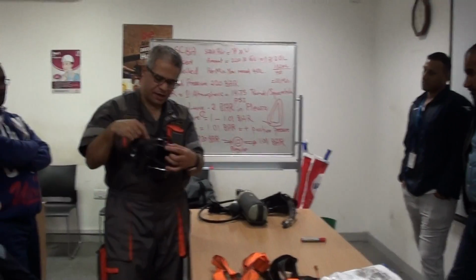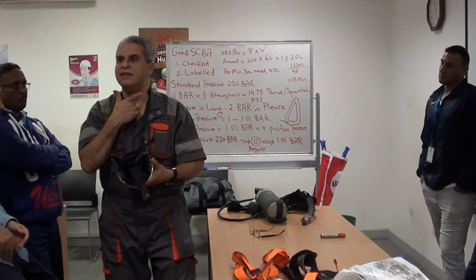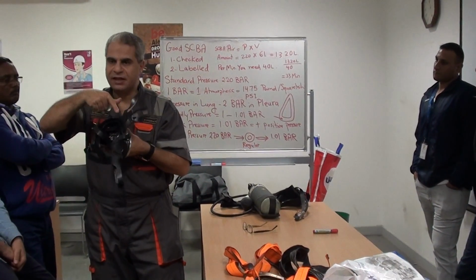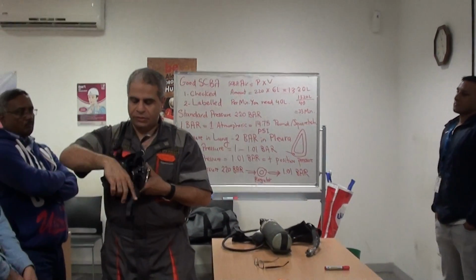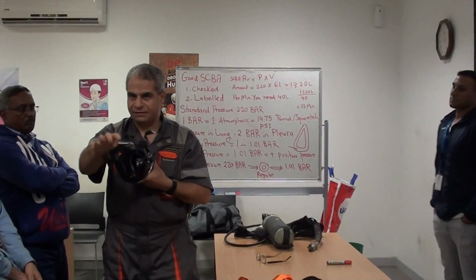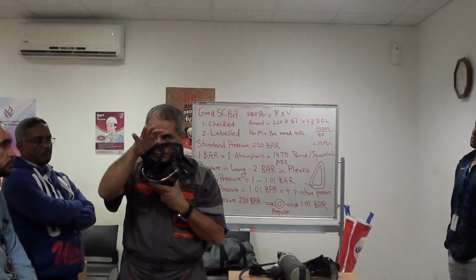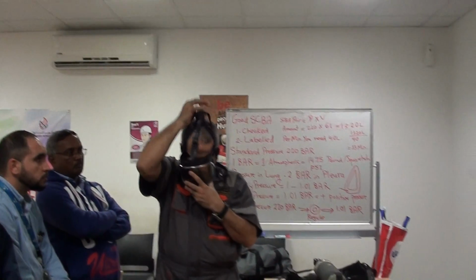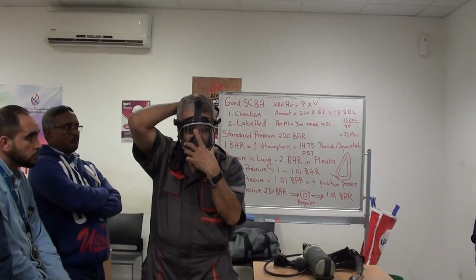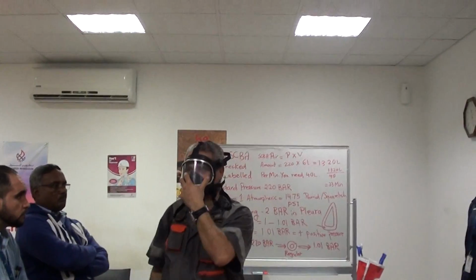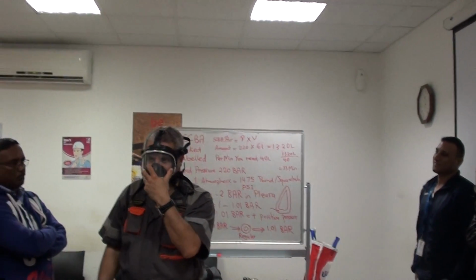And then, how to wear the mask? This is Adam's apple, and this is the curvature of the mask. You use the thumb, like this, and you put this curvature at Adam's apple, and you inhale.